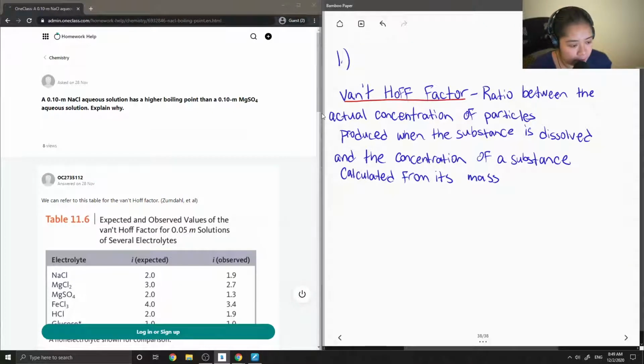So it can be expressed using the following formula. That is an alpha. Here, i is equal to the Van't Hoff factor.